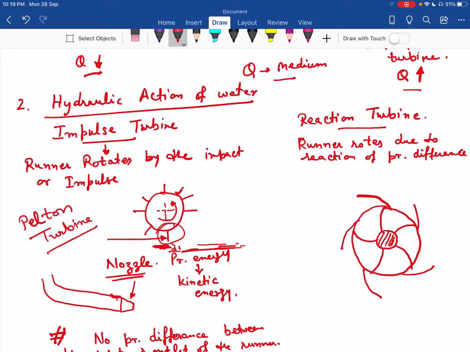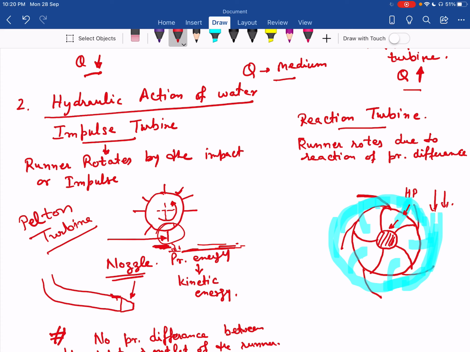Say water enters from here. So water comes here, and it goes in the surrounding. Then it enters the passage. Now here what happens? When water enters from this direction, water enters at high pressure.